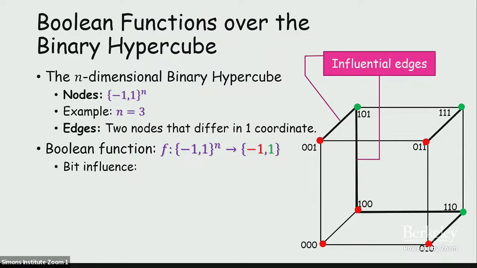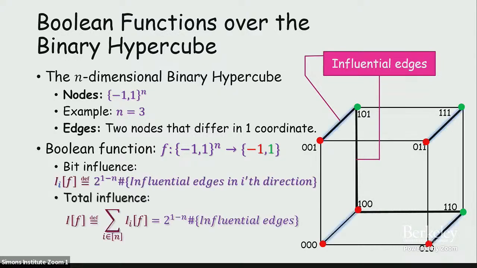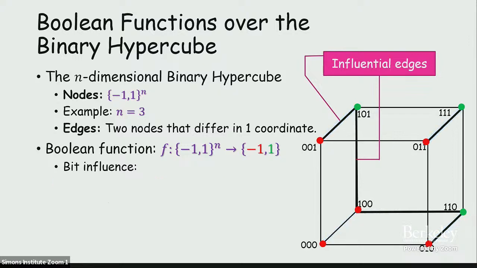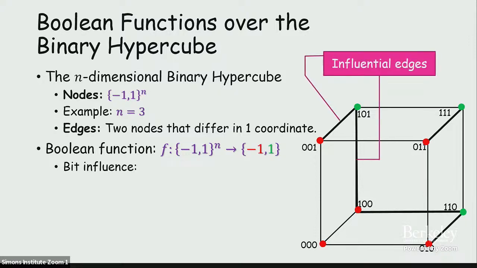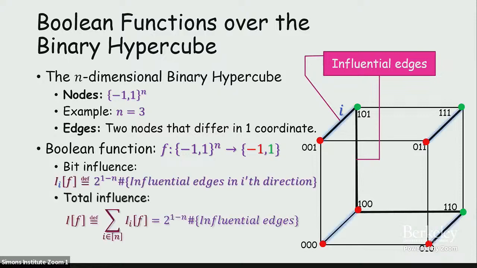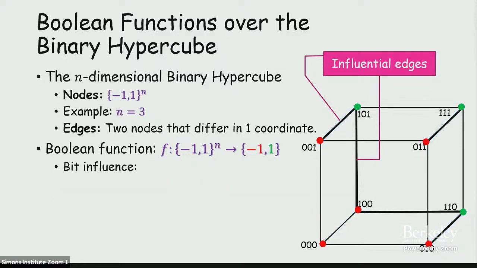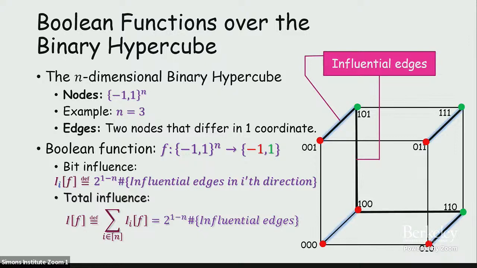And then we can see that we have two different kinds of edges. There are the influential edges, the bichromatic edges, and the edges with the same color. The bichromatic edges are called influential because they influence the value of the function. Now we can define the influence of a bit, of one variable.